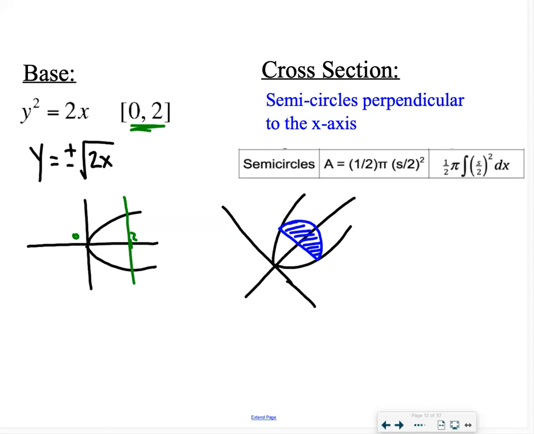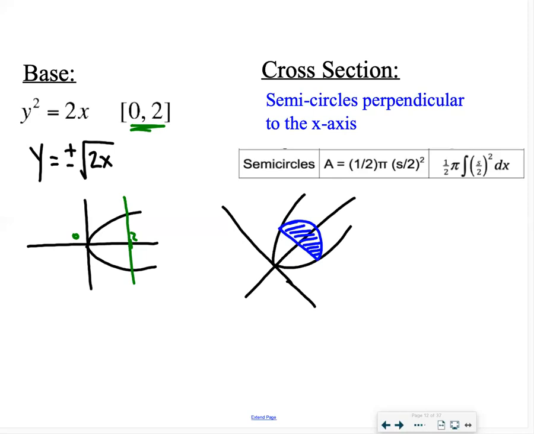Okay, so now the question is, S is going to be the distance. So this is the area of a semicircle. The area of a circle is pi r squared, but it's cutting everything in half because it's a semicircle. So instead of pi r squared, it's 1/2 pi r squared.